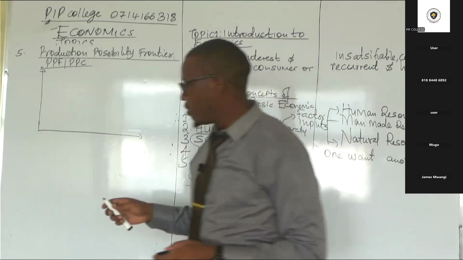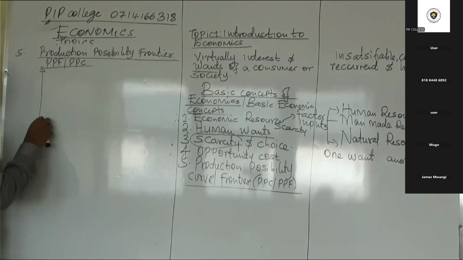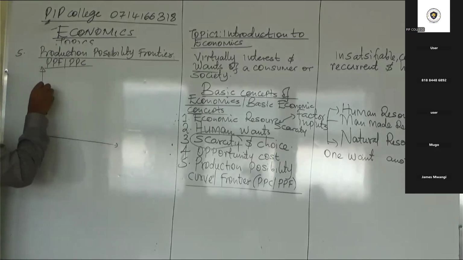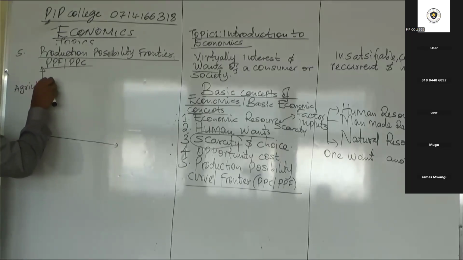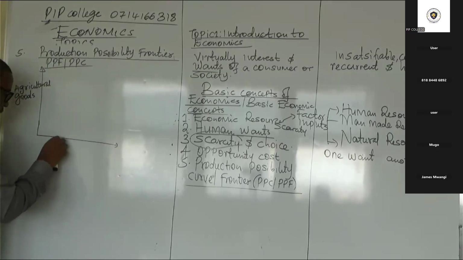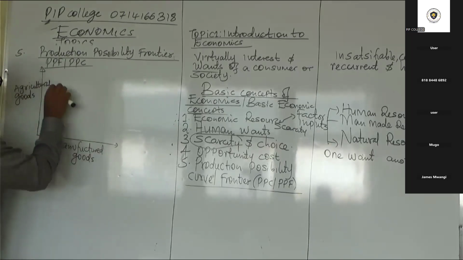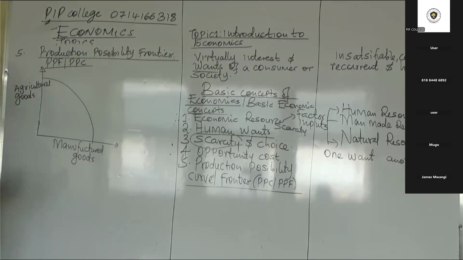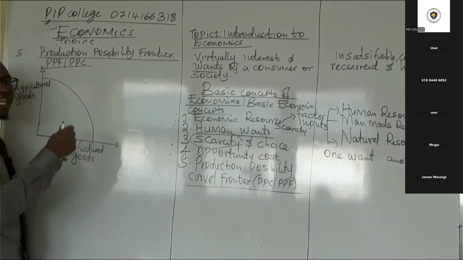On my y-axis I will have the agricultural goods, and then the manufactured goods. So our curve will be concave.